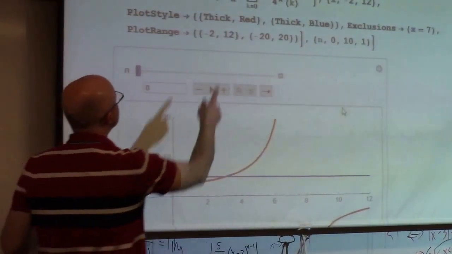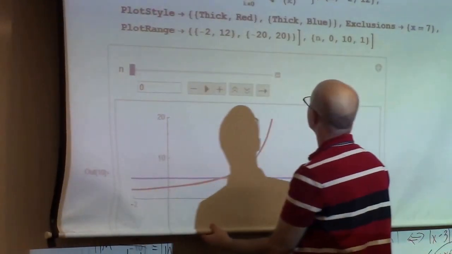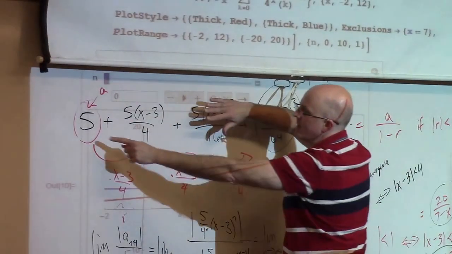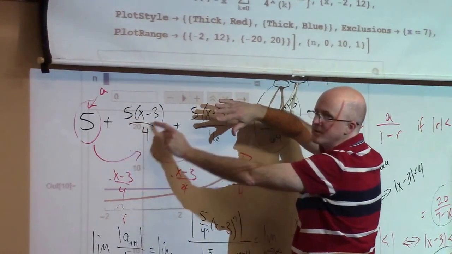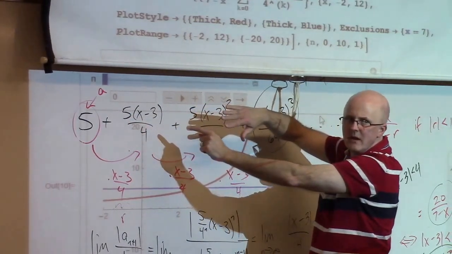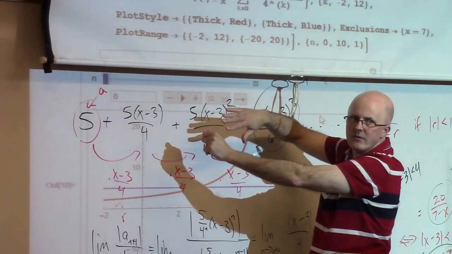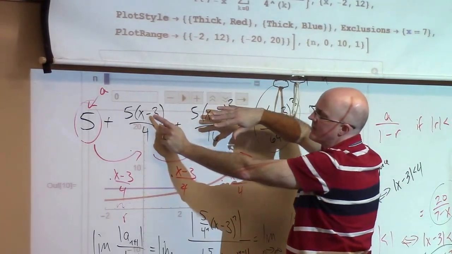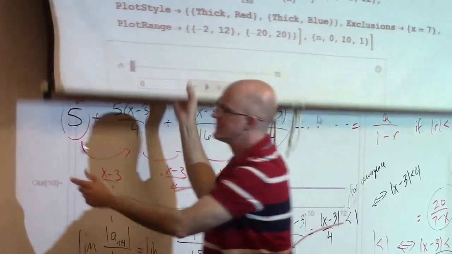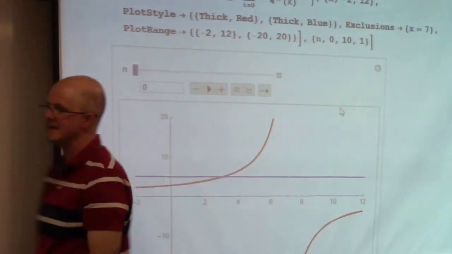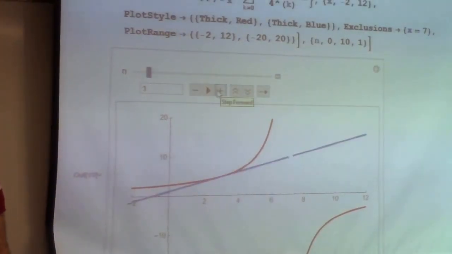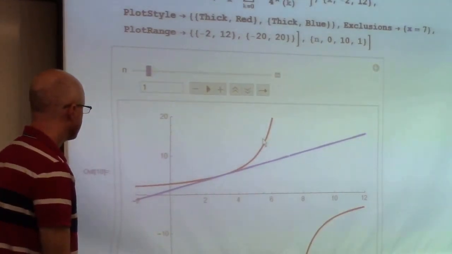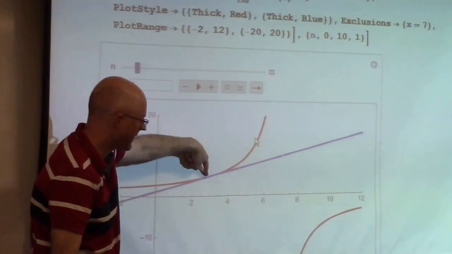The blue graph is going to be the sum k goes from 0 to 1 of that expression. It's going to be the graph of 5 plus 5 fourths times x minus 3. It should be a straight line with a slope of 5 fourths going through the point 3, 5.